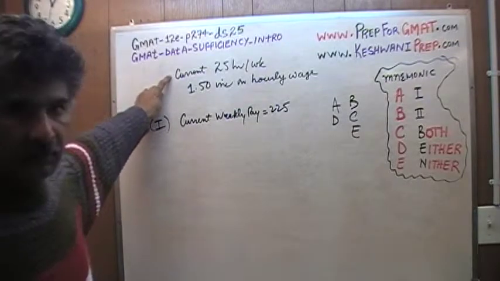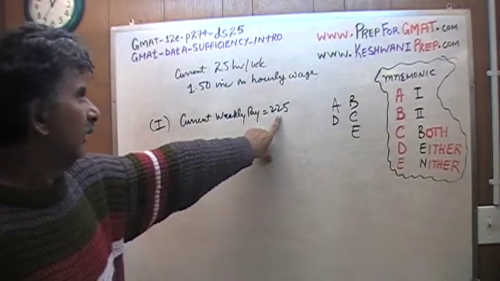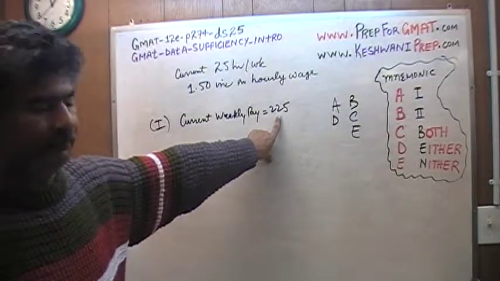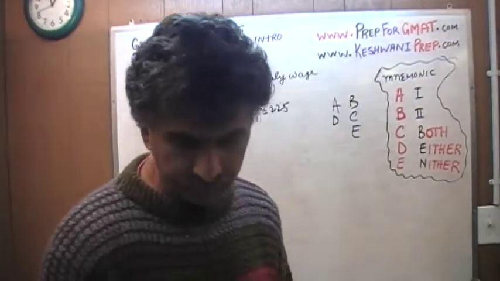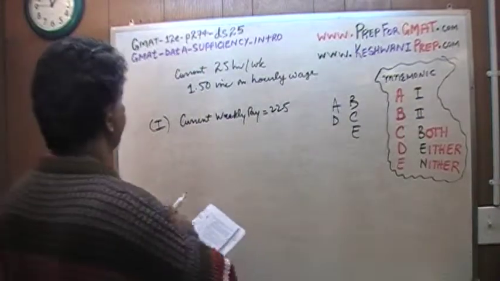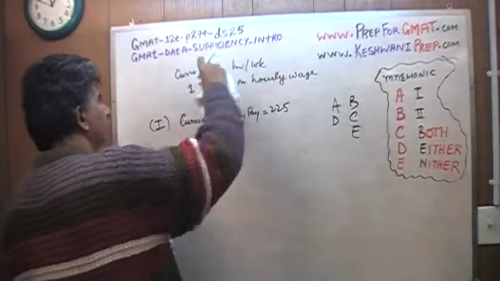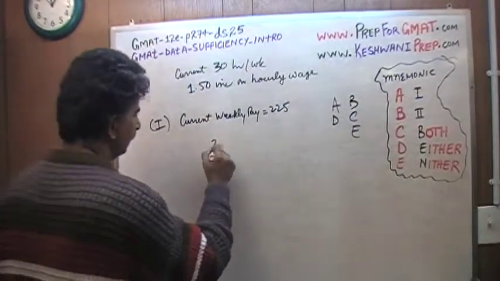So if I know that she's working 25 hours per week and I know that she makes $225, I can figure out her hourly wage very easily. Just divide 225 by 25. Is she working 25 hours? She works 30 hours, not 25 hours. So let's do it then.